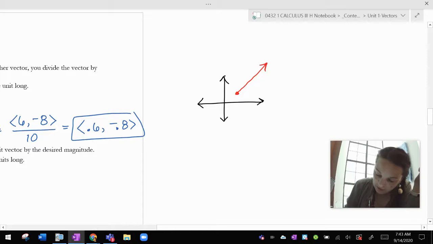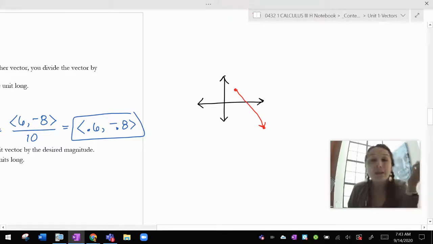Let me fix it. That was 6, negative 8. Apologies. So to the right 6, down 8, that would put me down here. If I want to make that 0.6, negative 0.8, it would just be this itty bitty piece right here that is 1/10 as long as the whole thing.